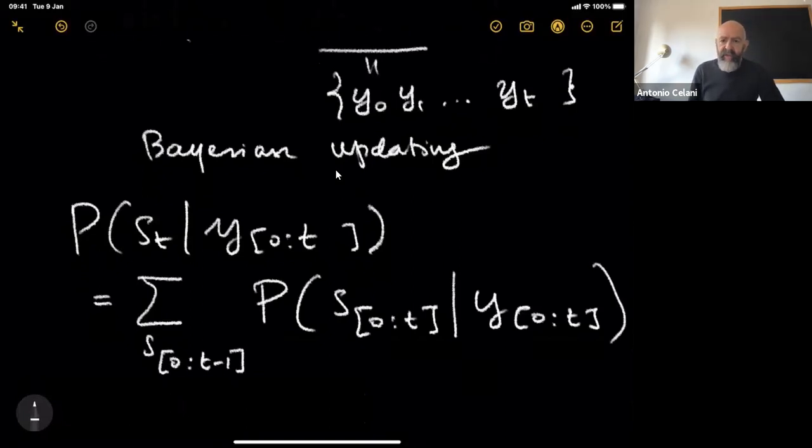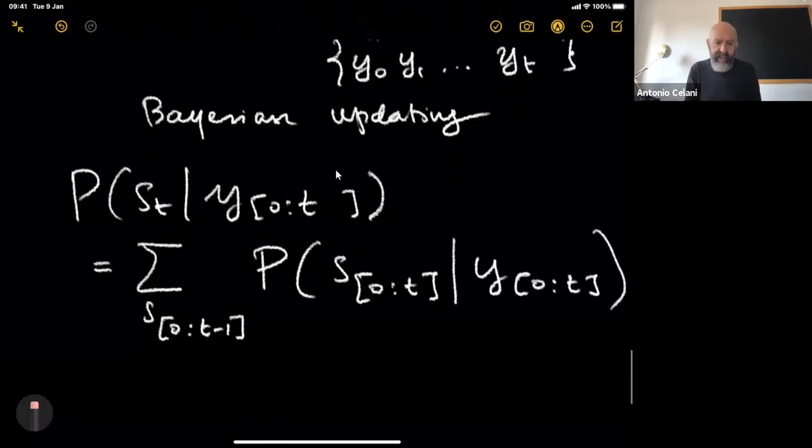Okay, so I'm saying I'm focusing only on the probability of the current state. I don't care now about what the previous states were given my information. In general, Bayesian updating deals with more complex objects, so you can reconstruct pieces of history, whatever. But here we focus only on, given the history, I want to know where I am now, or I want to infer where I am now.